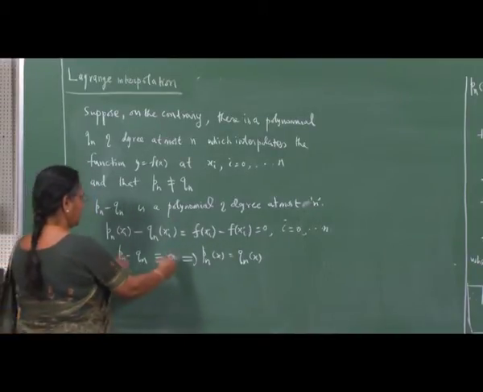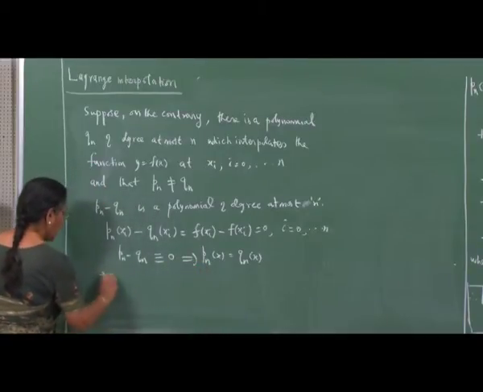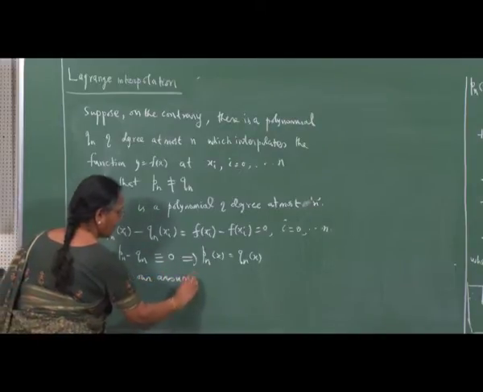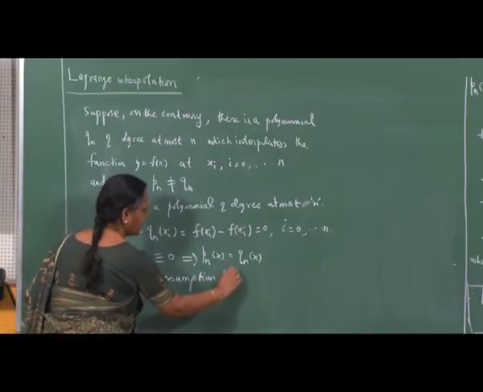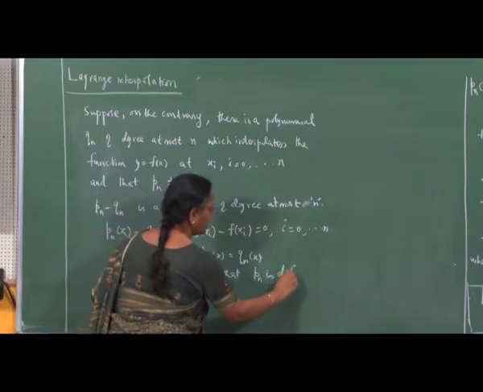So, let us complete the details. So, which is a contradiction to our assumption that Pn is different from Qn.